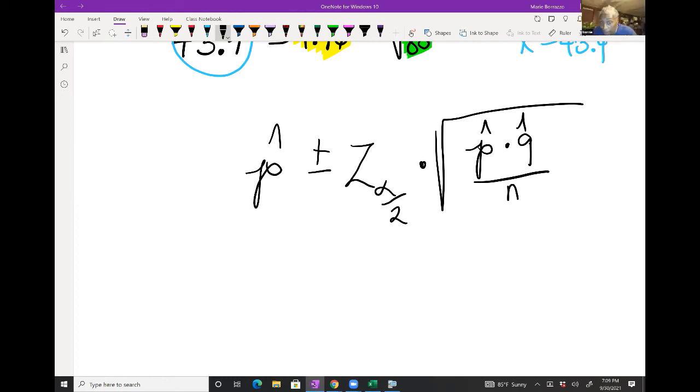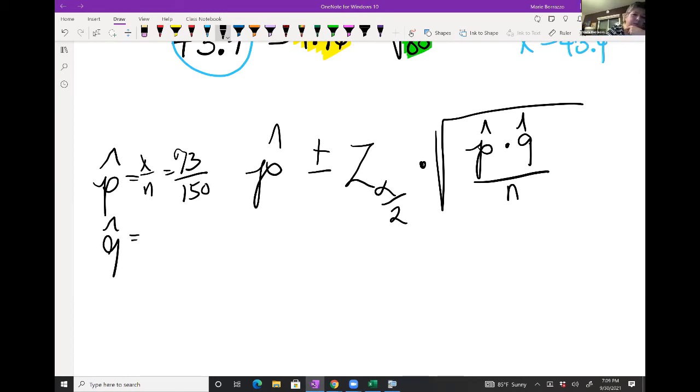Here's what we know. We know that p hat, which is equal to x over n, is equal to 73 over 150. Q hat is its complement. So q hat is 1 minus p hat, which in this case is 1 minus 73 over 150, which is basically 77 over 150.